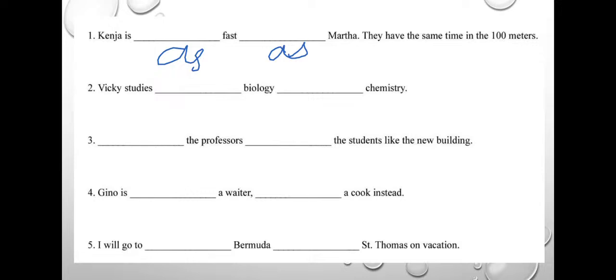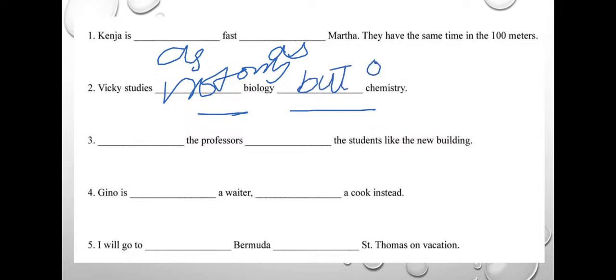Next one is: Wiki studies dash biology dash chemistry. We can use not only, but also: not only biology but also chemistry being studied by Wiki. Third one is dash professors, dash students like the new buildings.